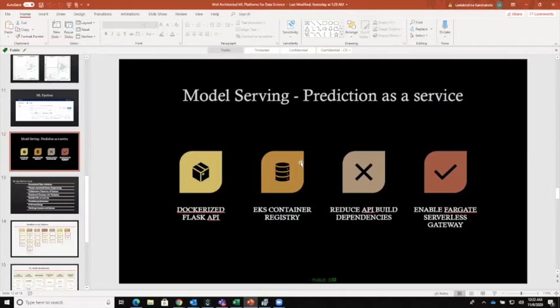So Dockerized Flask APIs are an easy, understandable way of creating an API. If you're familiar with Python Flask, even better. You just have to learn a little bit of wrappers on Docker. And then AWS or GCP have container registries where you put this container in. And what's the benefit of it?